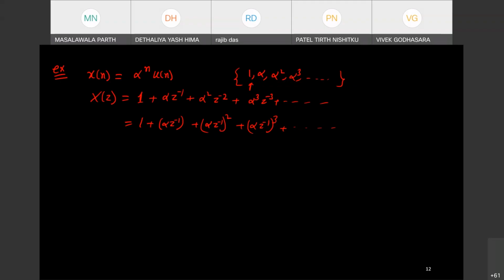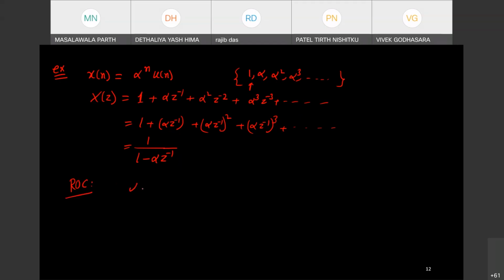So what is the summation? It is a geometric series: 1 plus r plus r square plus r cube is 1 upon 1 minus r, where r is alpha z to the power -1. But this is under one condition. What is the condition? So what is the ROC? Mod z is greater than alpha.